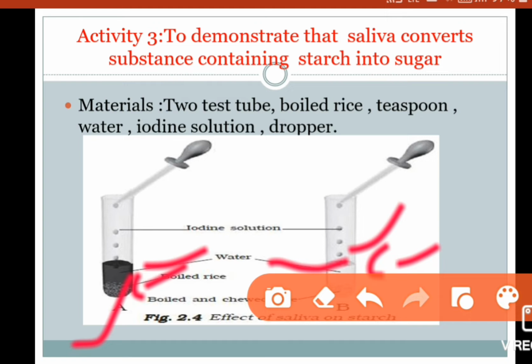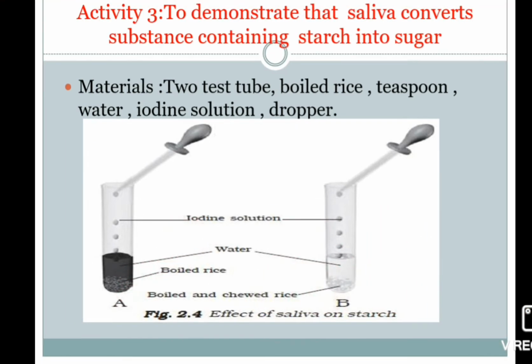Now pour 2-3 drops of iodine solution in each test tube and observe the color change in both test tubes. Observe the color first.